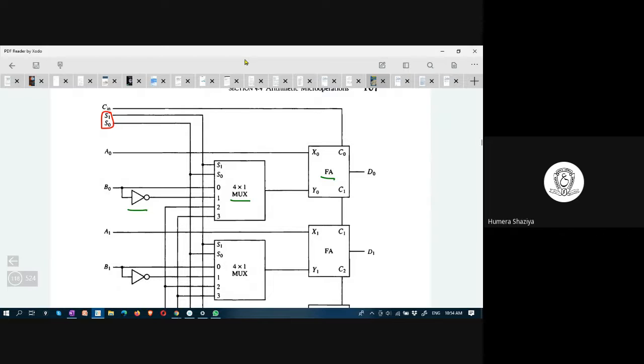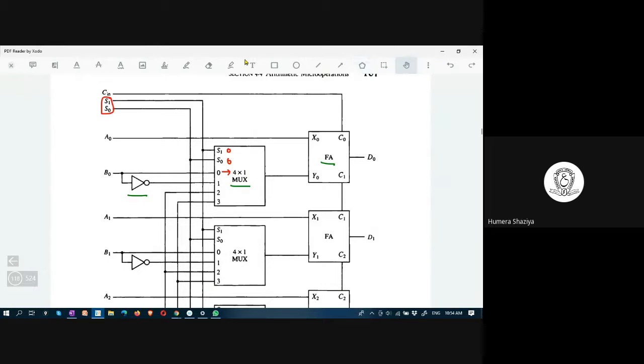S0 and S1 control which input is sent out. If both are 0, 0, then the 0th input will be sent out. If it is 0 and 1, the first input will be sent out. If it is 1, 0, then the second input will be sent.